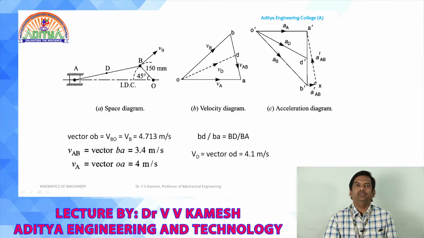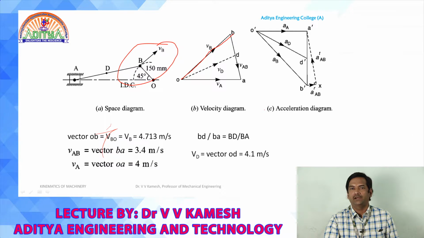So, this velocity diagram we will initially draw by identifying first the velocity of point B. This velocity of the point B will be designated as OB in the velocity diagram.